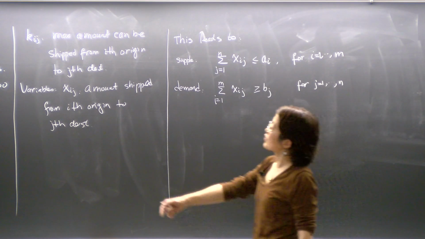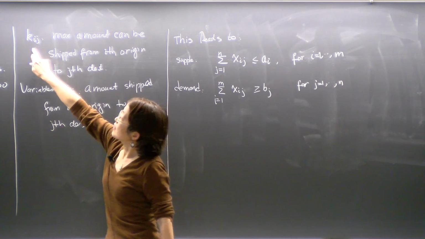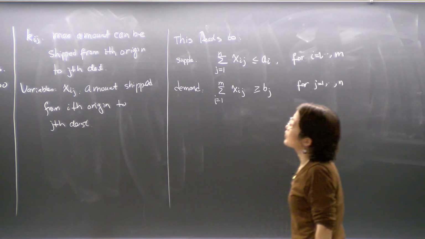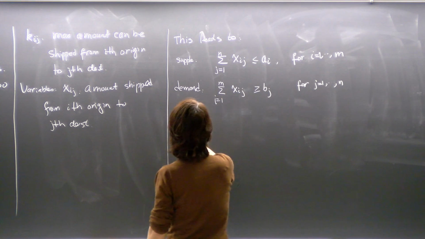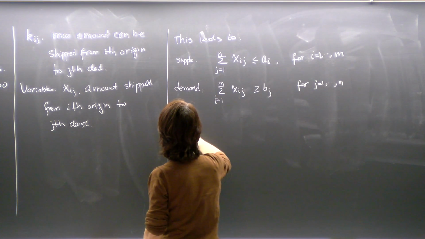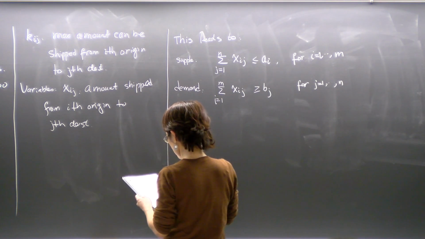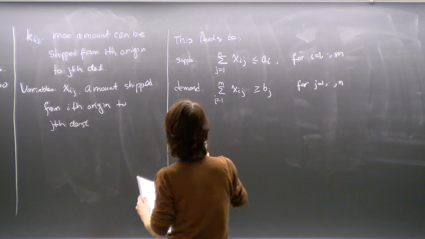And then there is also the constraint on the maximum load that can be shipped from i to j, right? So this is a transportation limit. What would you call that? Shipping capacity.